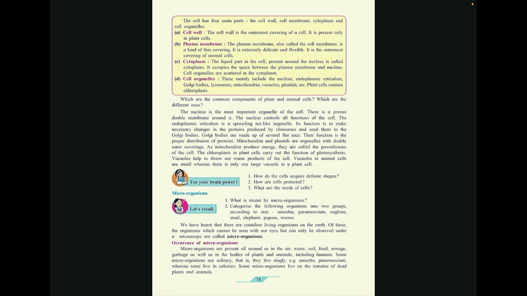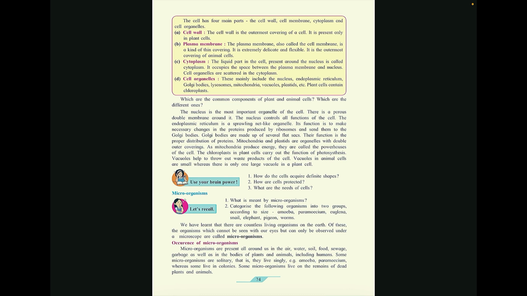Some examples are amoeba and paramecium. They make colonies, like we humans also make colonies for living. Like that, these microorganisms also live in colonies.